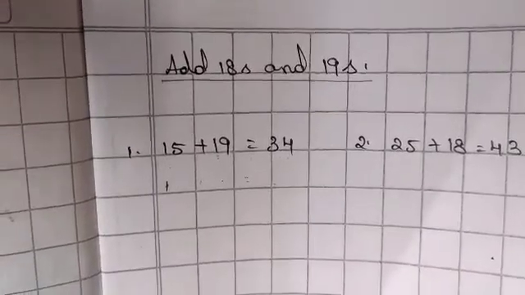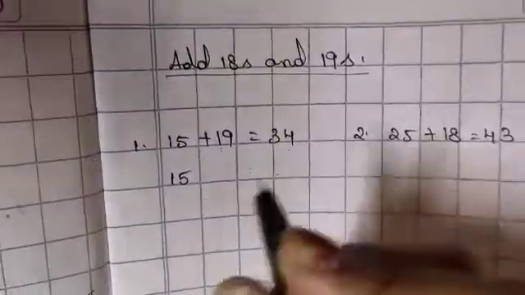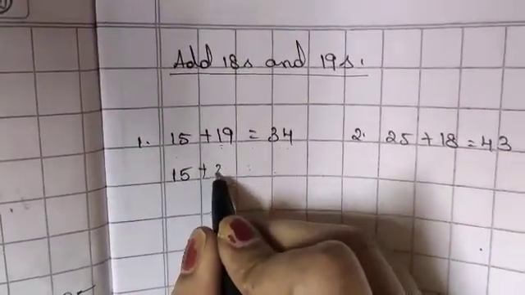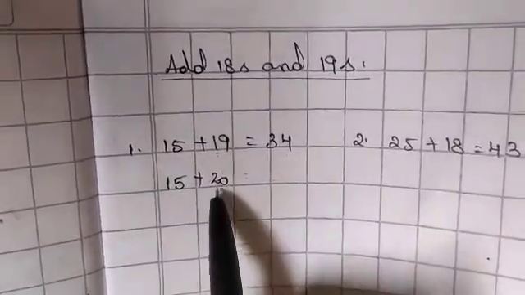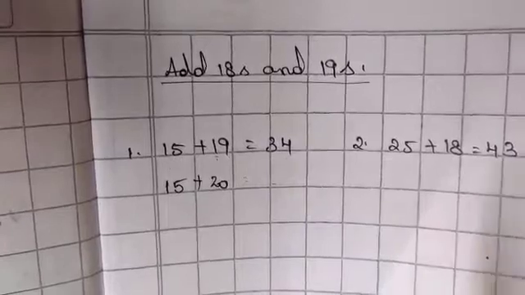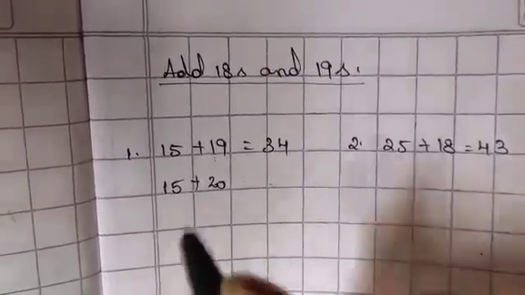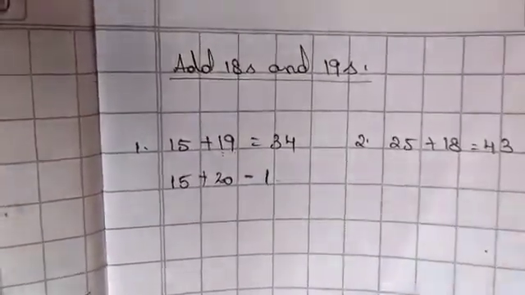So children, first we are going to write 15, right? 15 plus 20. If you do 20 minus 19, how much will we get, children? 20 minus 19 will be 1. So we are going to write it as minus 1.